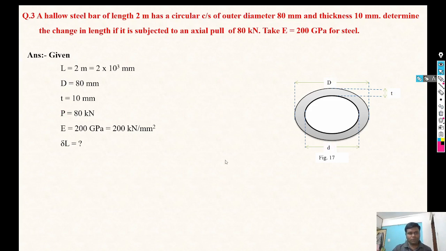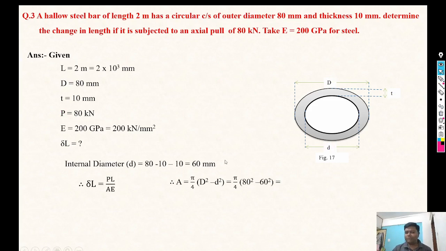Okay, so how can we calculate the internal diameter? Total diameter minus thickness on both sides, this thickness and this thickness, because this is our total diameter, just subtract these two thicknesses and we will get the internal diameter. That is, internal diameter small d equals 80 minus 20, that is 60 mm.